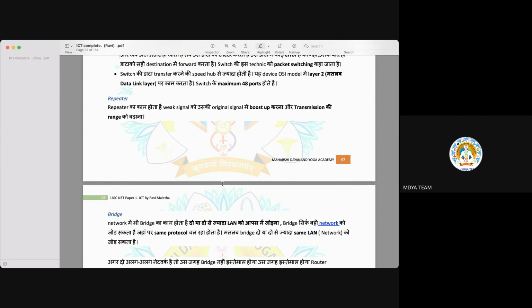So the range of the transmission will increase, and the strength of the signal will not be much affected by the distance if there is a repeater in between.